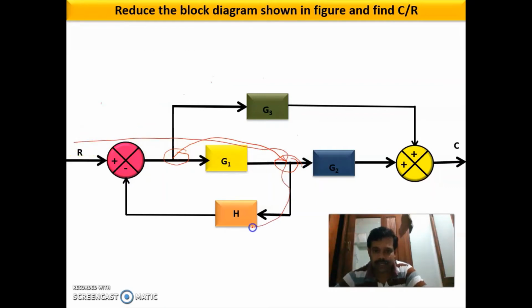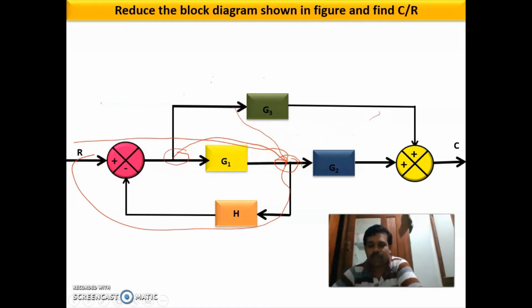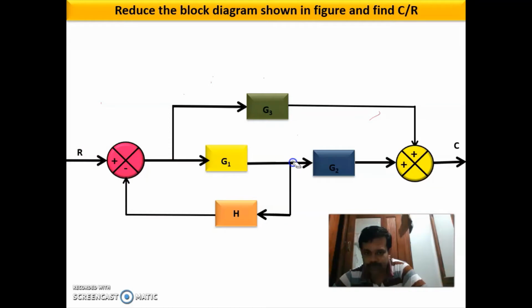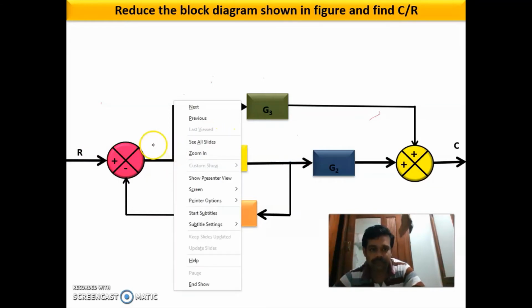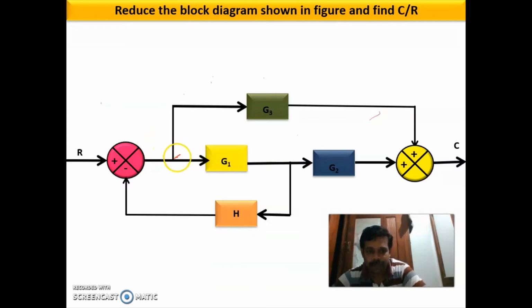This block will become feedback, and this will become parallel blocks. So the simplification will be easier. So you are going to move this branch point from here to here. That is the first step.